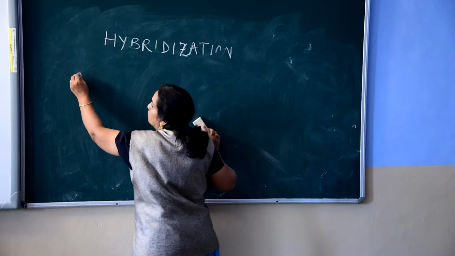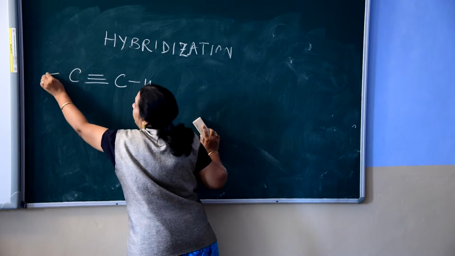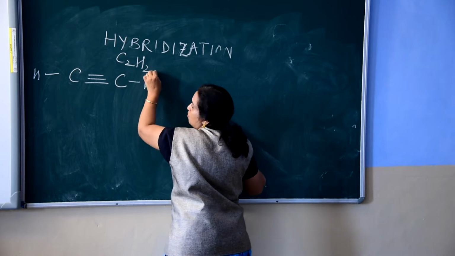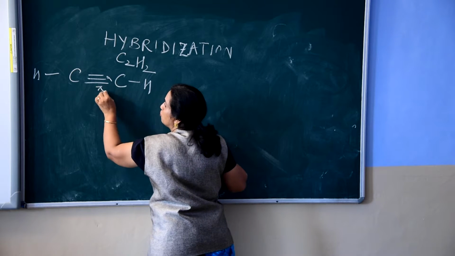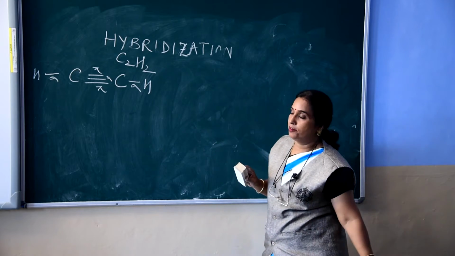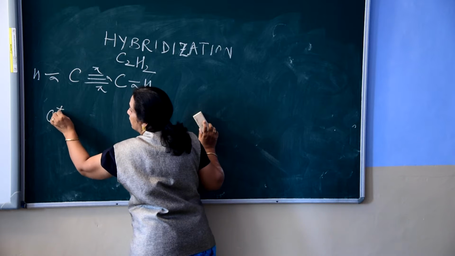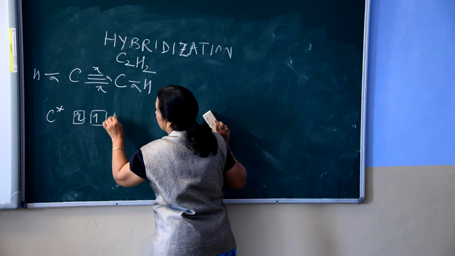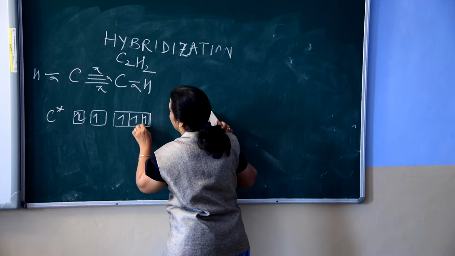Similarly, bonding in acetylene, C triple bond C with H on either side, C2H2, which has a triple bond: 1 sigma and 2 pi bonds, plus a sigma bond to each hydrogen. In the same way, when we split the carbon atoms, carbon in the excited state has 2s and 2p3 electrons.